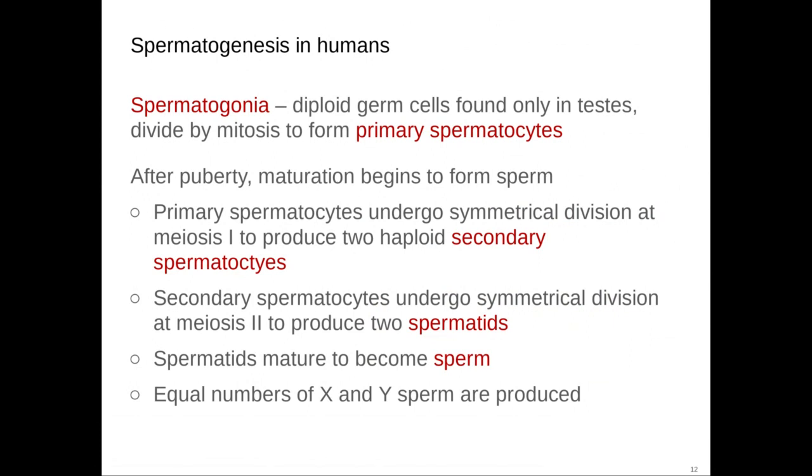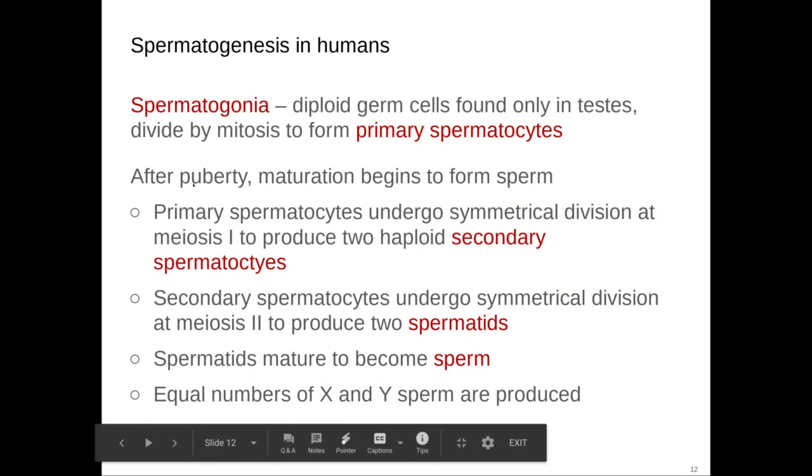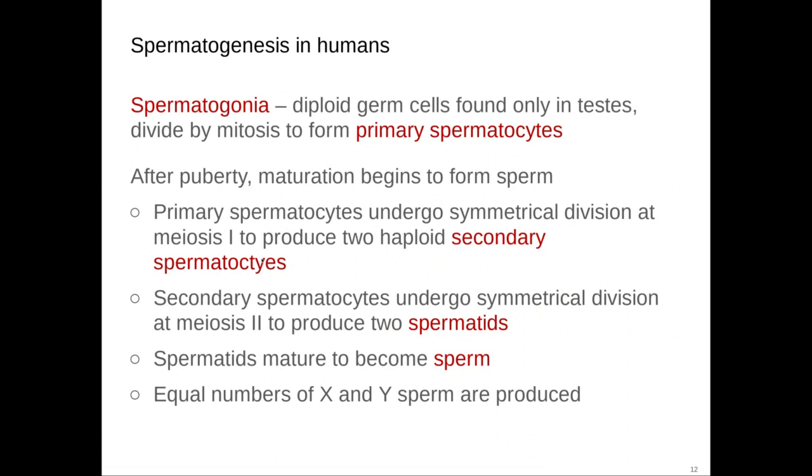Biological males are constantly producing sperm from the day they hit puberty till the day they die. Unlike eggs, primary spermatocytes undergo symmetrical division at meiosis 1 to produce 2 haploid secondary spermatocytes, and then those secondary spermatocytes undergo another round of symmetrical division at meiosis 2 to produce 2 spermatids.